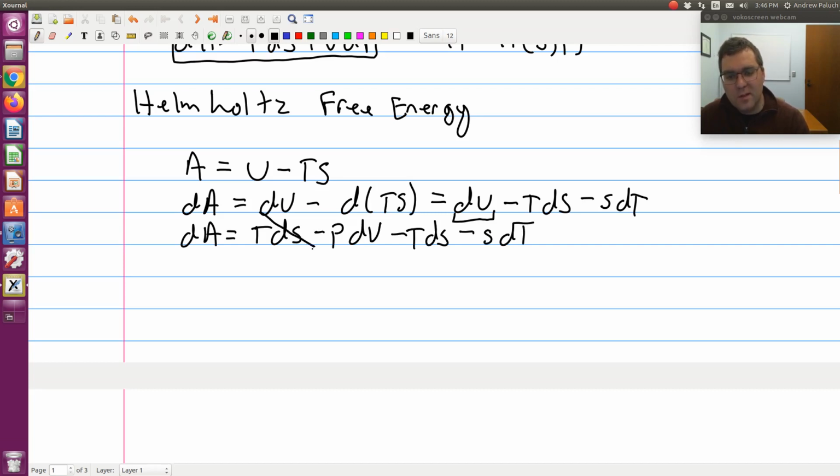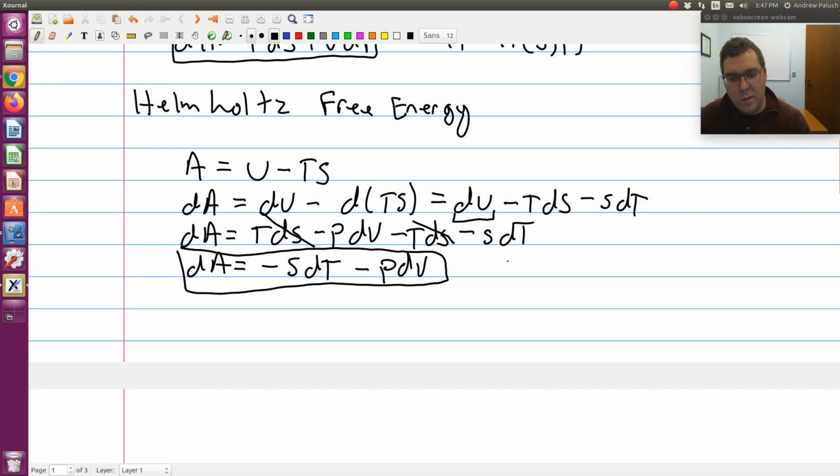So my positive TdS cancels with my negative TdS, and I'm left with dA equal to, writing my entropic term first, negative SdT minus PdV. Here's my differential for Helmholtz free energy.